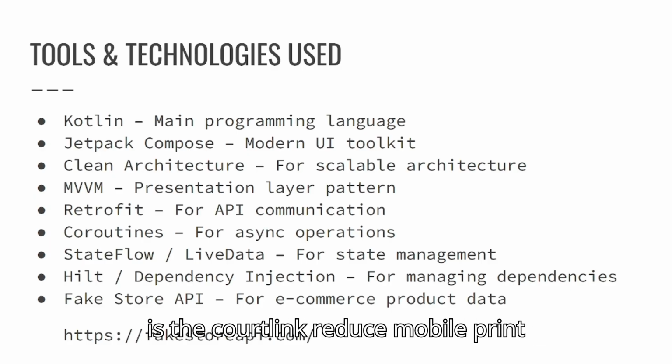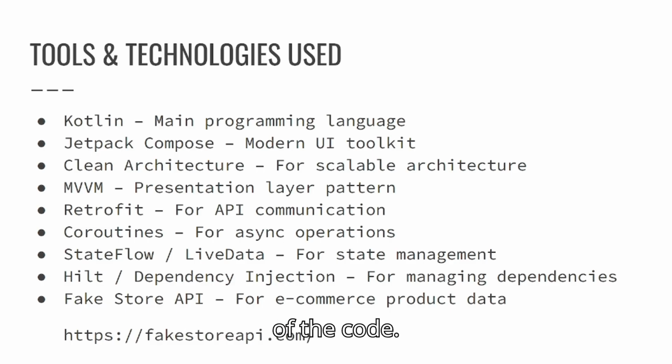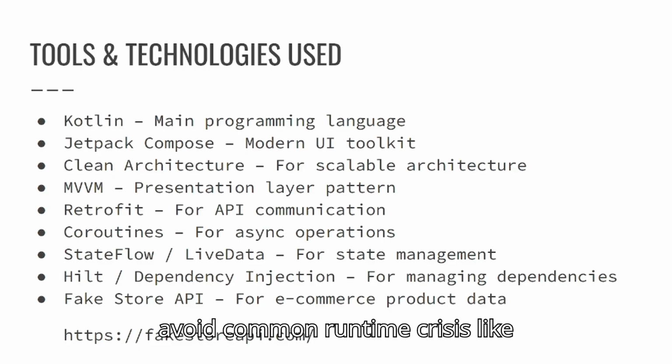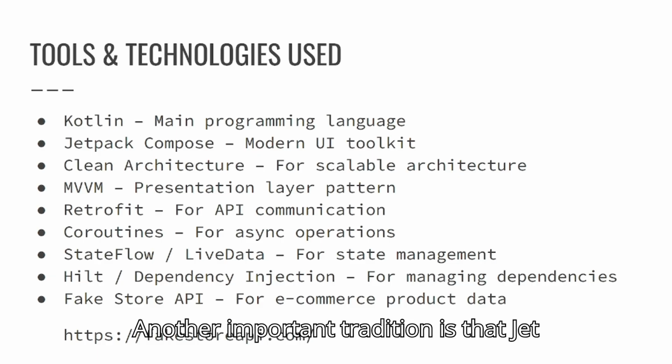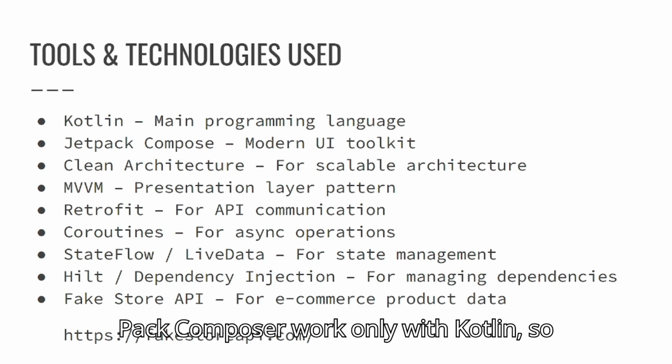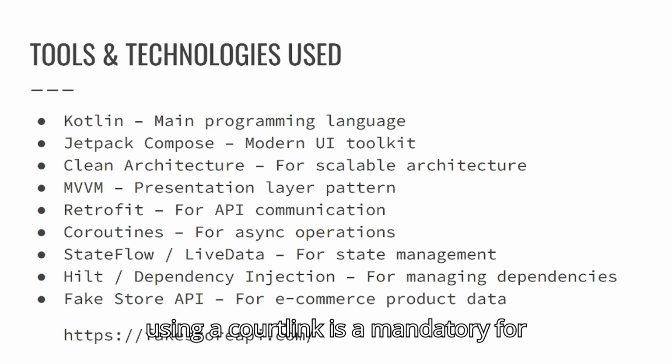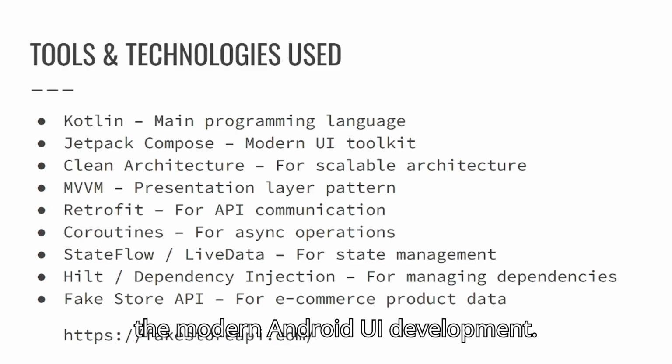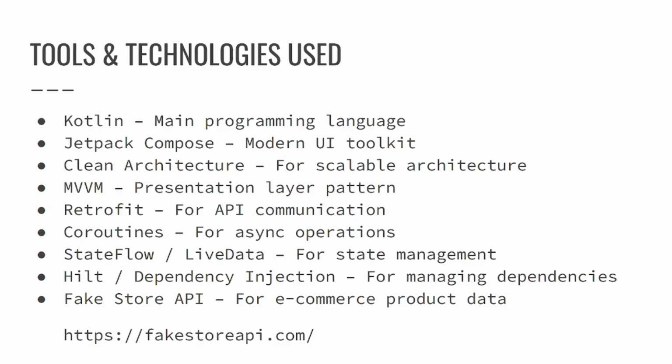Also, Kotlin reduces boilerplate code, improves reliability, and helps to avoid common runtime crashes like null pointer exceptions. Another important reason is that Jetpack Compose works only with Kotlin. So using Kotlin is mandatory for modern Android UI development.